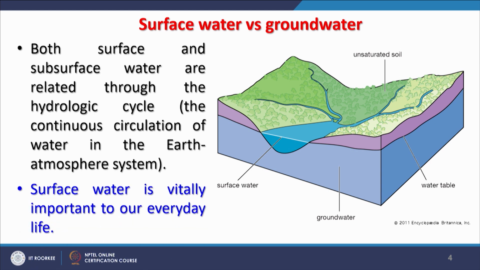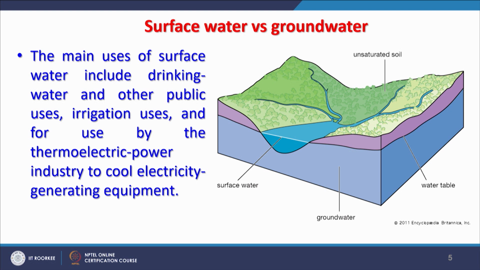Surface water is vitally important to our everyday life, as we know that we need water, and whether it is available through surface or subsurface, it is very important. But there are many places where only surface water is exploited; there are hardly any possibilities of getting subsurface water.